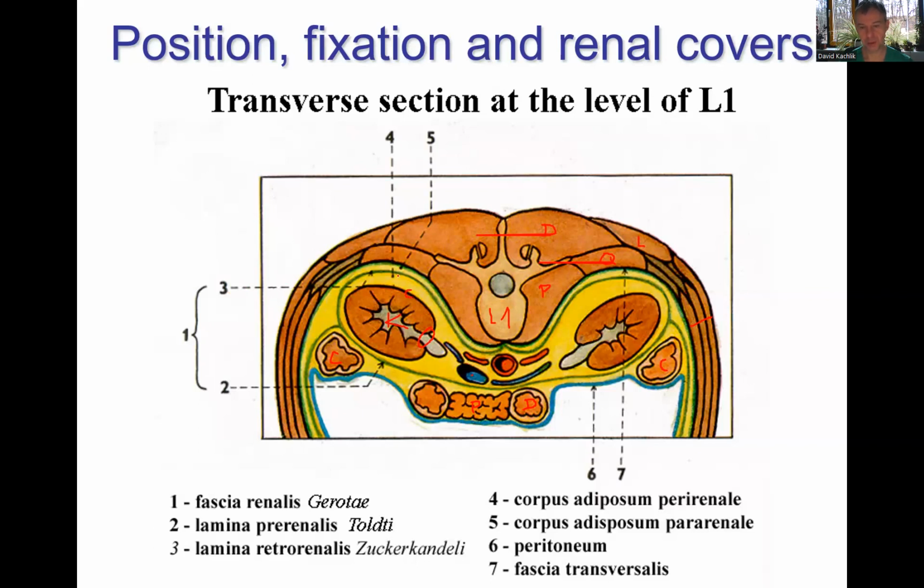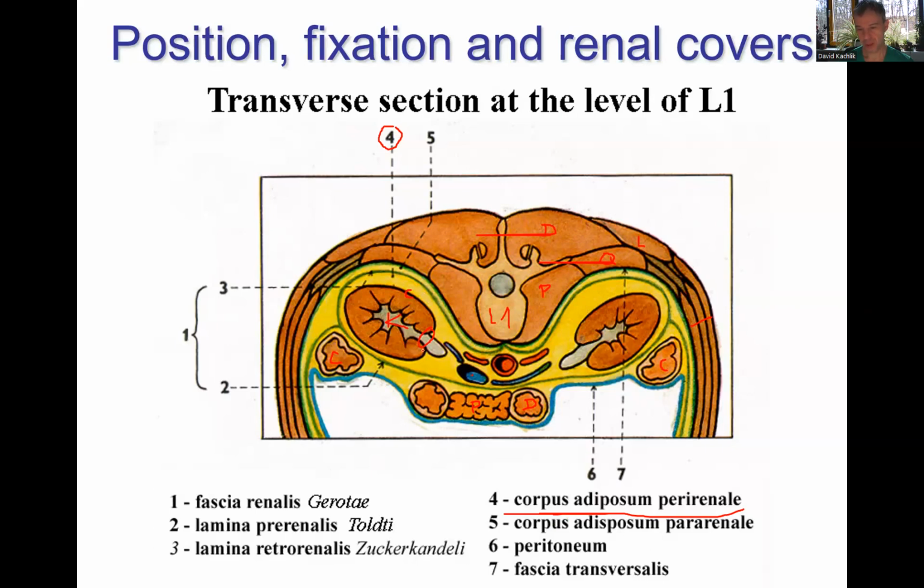And around kidney, you can find a fat pad, which is called adipose capsule. So number 4 is adipose capsule, or a synonym is perirenal adipose fat pad. So adipose capsule or perirenal, which means around the kidney, as you can see.